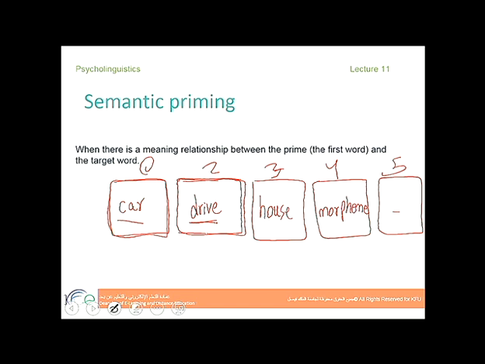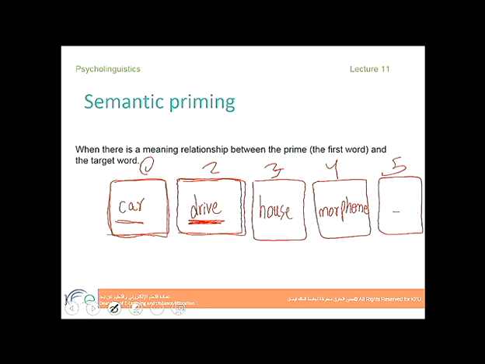First I show you the word car. You say, yes, it's a word. Then I show you the word drive. Usually, the first word, car, should make it easier for you to answer that drive is actually a word more quickly. You respond to it quickly.